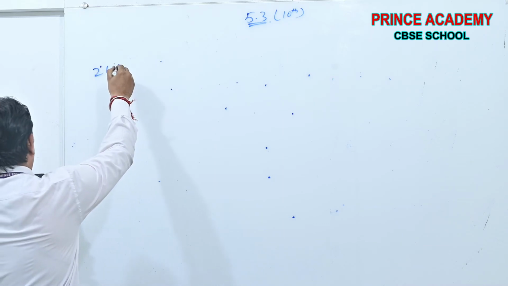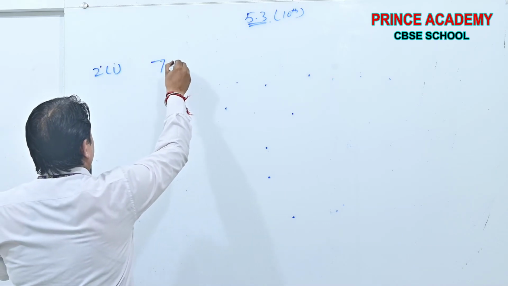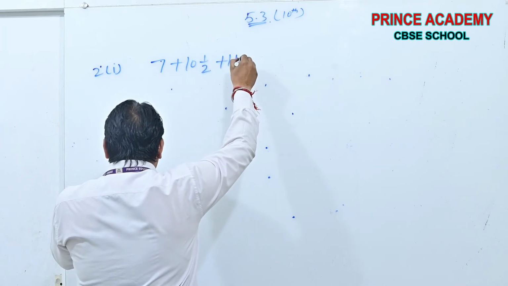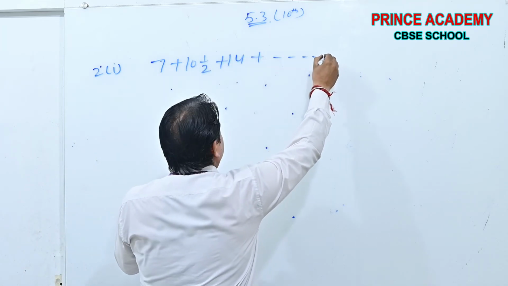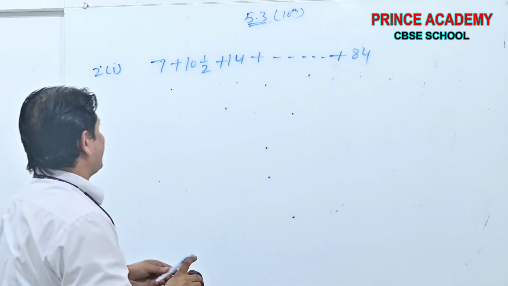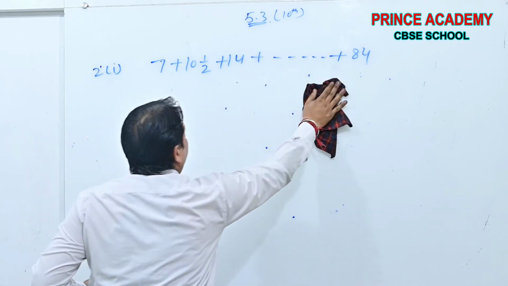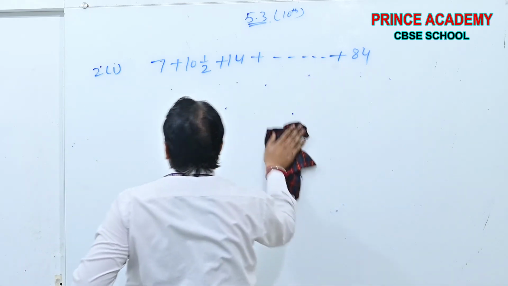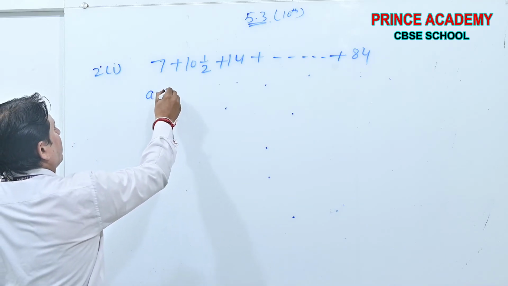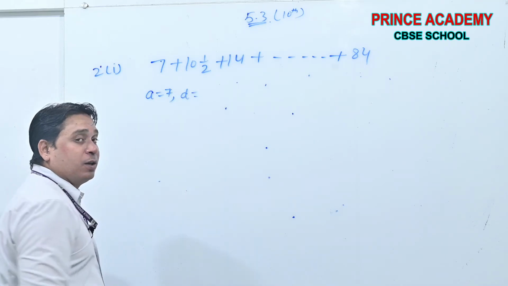Second, first part. The statement is given: 7, 10.5, 14, up to 84. See beta, here the AP is given, the first term is given, a is 7, and d.